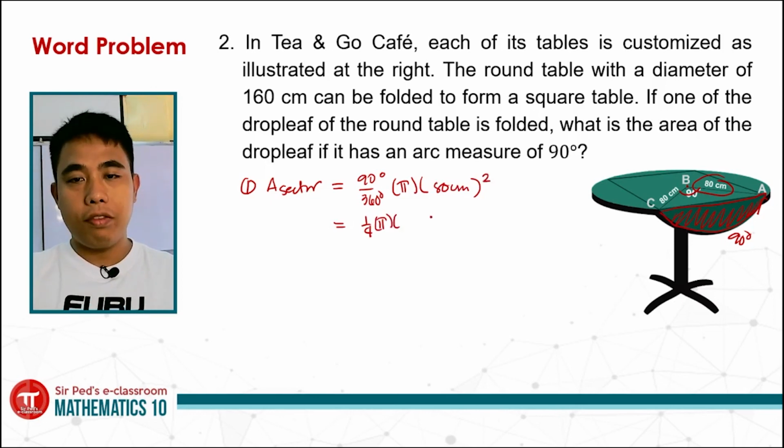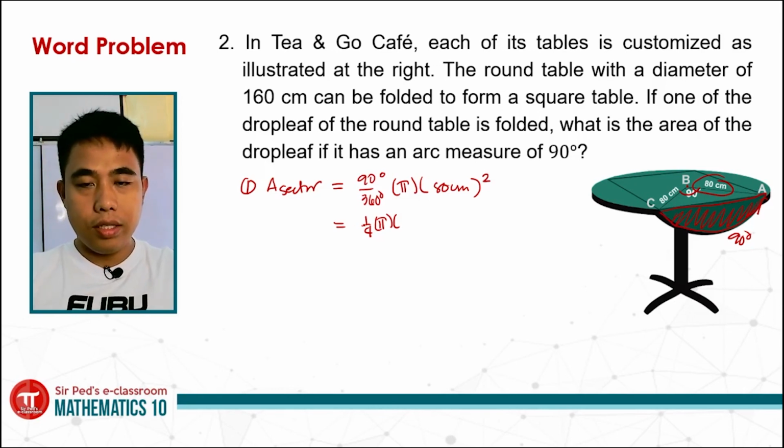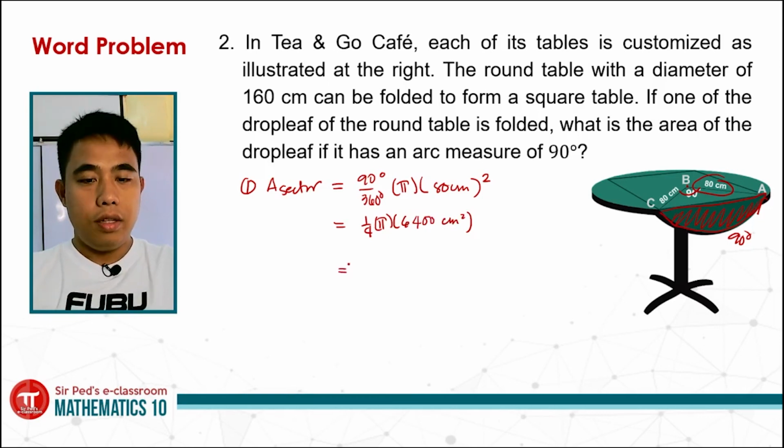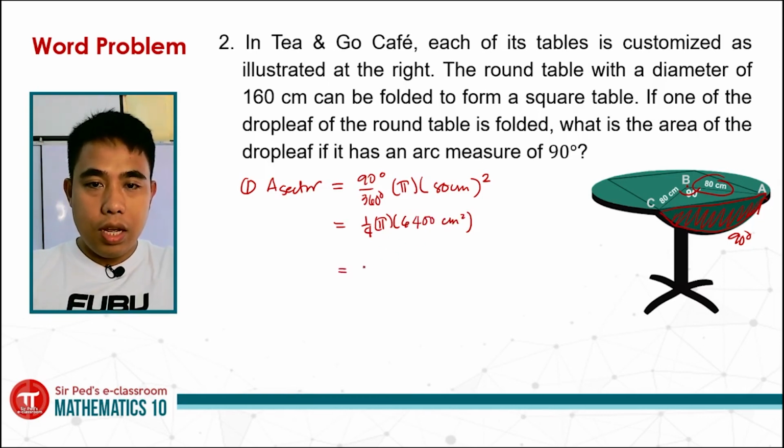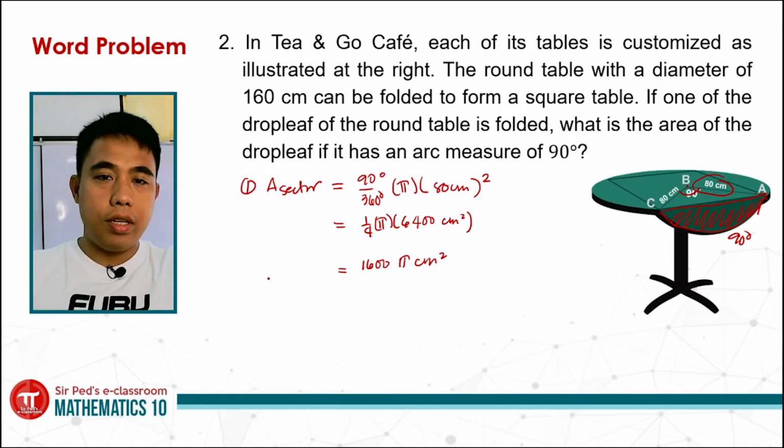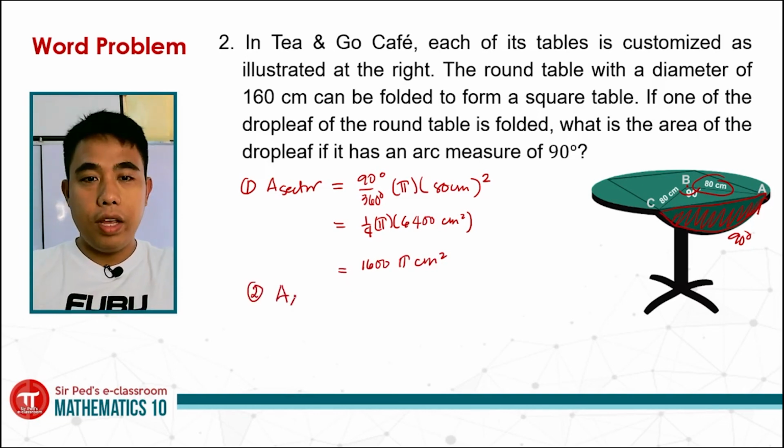I forgot to write yung squared. So 80 squared, that is 6,400 square centimeters. And divided by 4, that is 1,600 pi square centimeters.